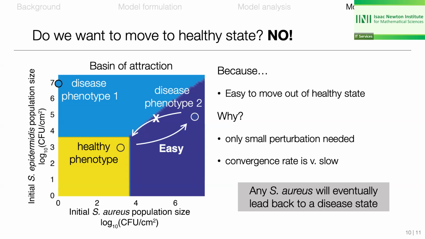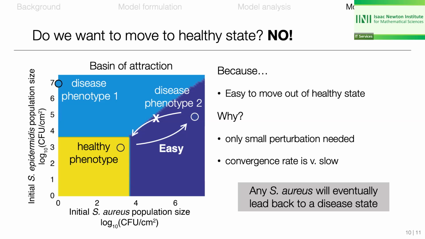Another thing I found from the analysis is that the convergence to the healthy state is really slow, which means that if we have accumulating perturbations, it's more likely to move out of it again. So we decided this isn't actually a healthy state that we want to move to, and the presence of any S. aureus on the skin will eventually cause us to shift back to a disease state.